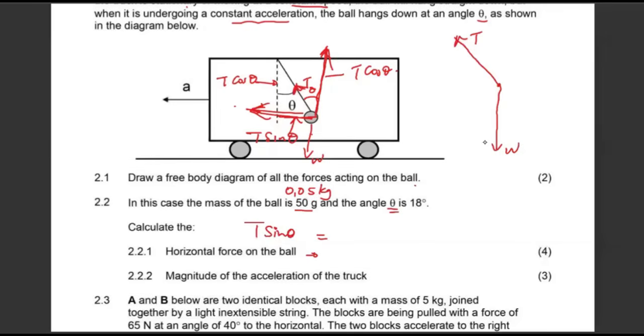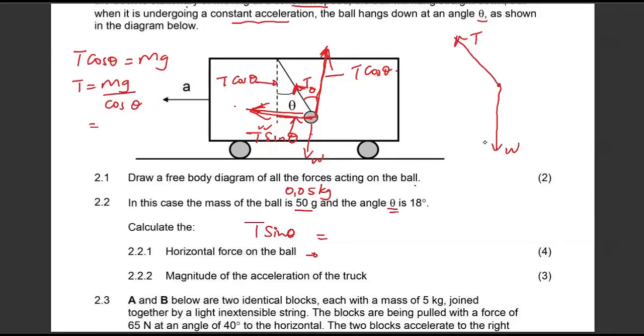We can look for it, because the force is not going to come out without the T. It's F net equals ma. So let me start by looking for T, because I need that force. Oh, what's the way forward? I can say that my T cos of theta is equal to mg, looking at just the upward forces. Then I look for T, which is going to be mg over cos of theta.